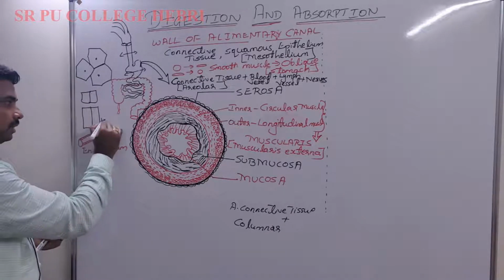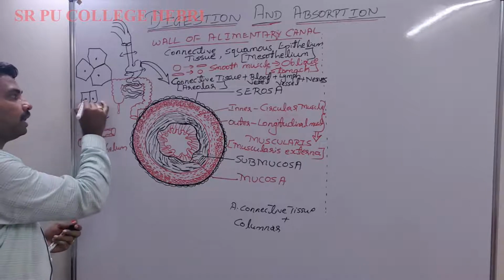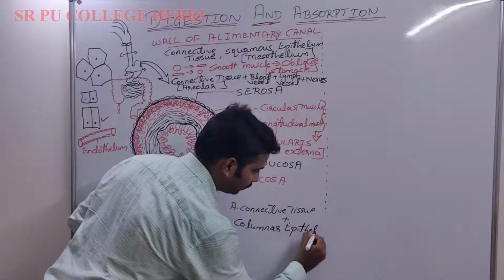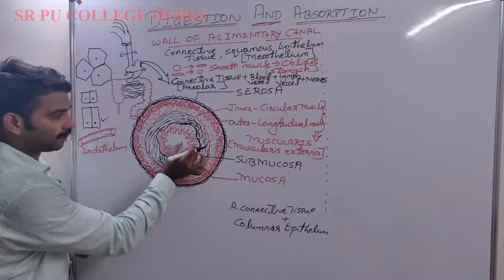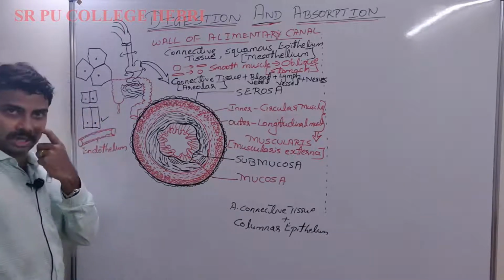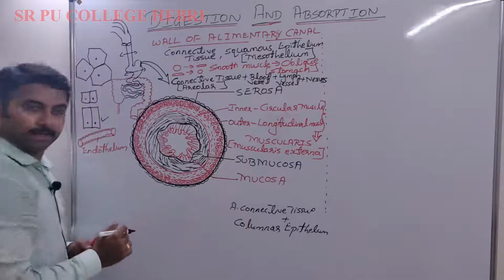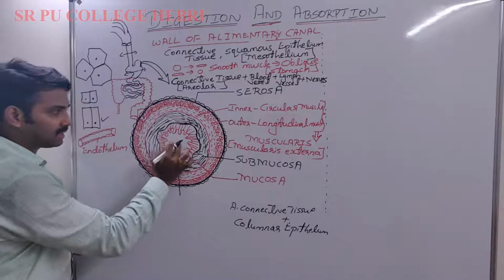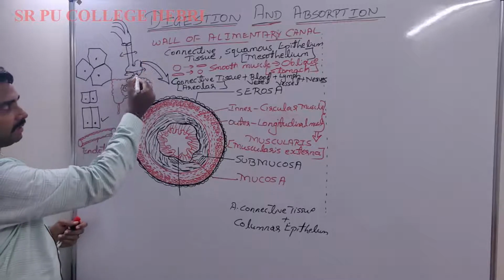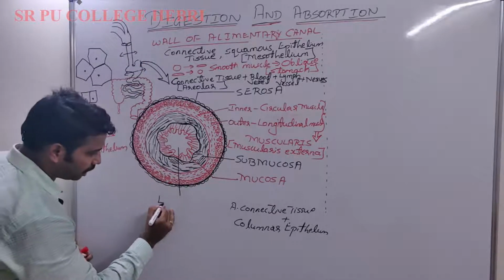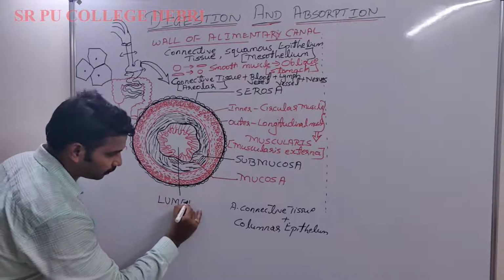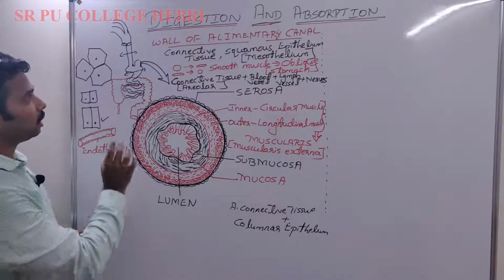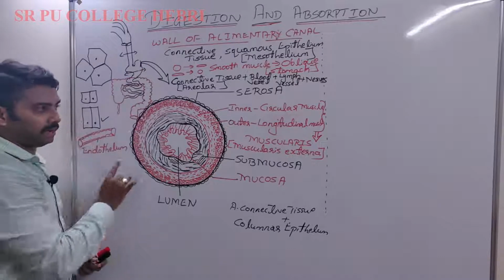What is your answer? Your answer is columnar epithelium is present. Okay, columnar epithelium is present in which one? Mucosa, along with glands also present in that. And finally, the cavity that you find inside, the central cavity, right? This is the central cavity. What is that cavity called? Lumen. Okay, this is all about the structure of the wall of the alimentary canal.